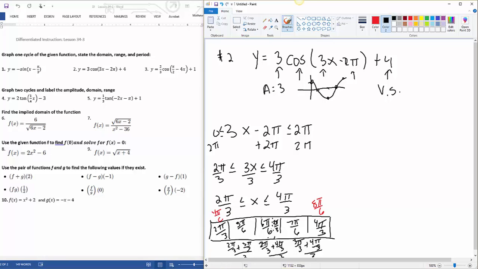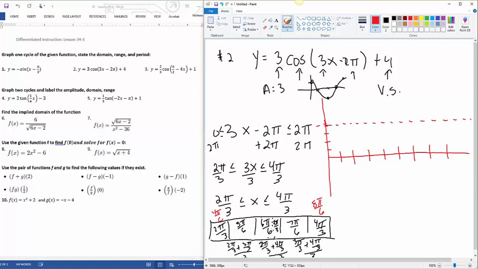And so now when I go through and I graph this, so 1, 2, 3, 4, 5, 6, 7, 8. My vertical shift, okay, I have a vertical shift of +4. So this is my new center line.